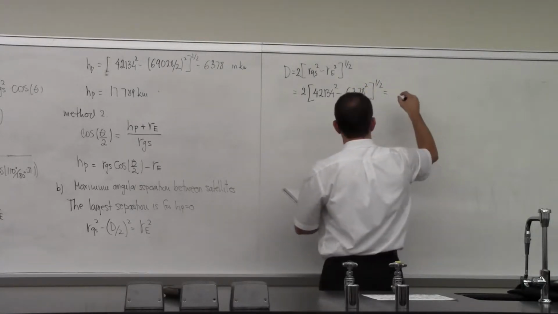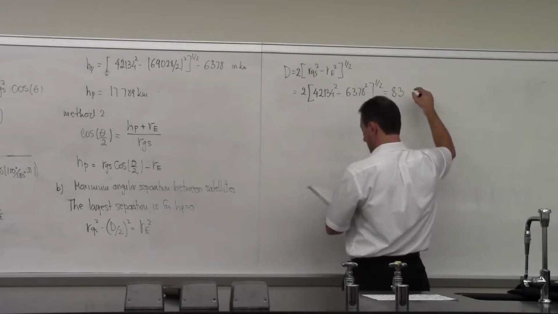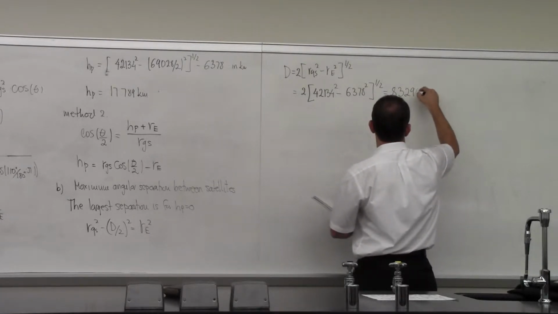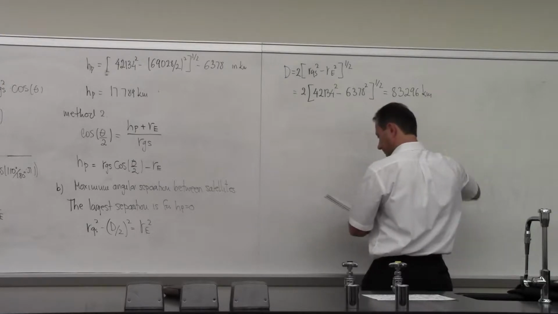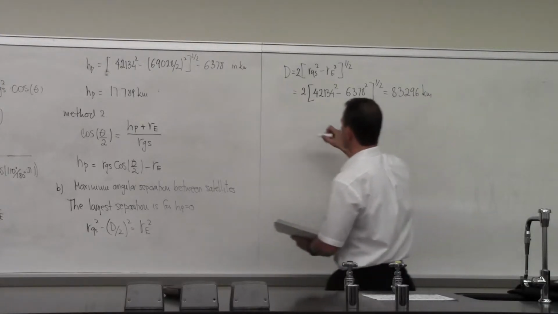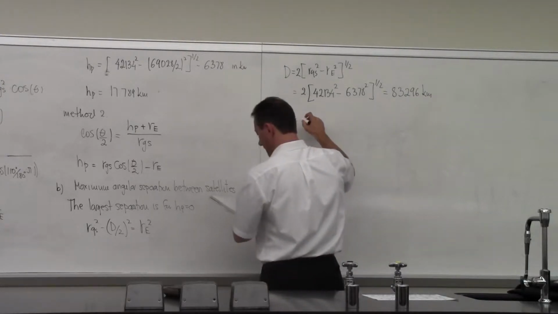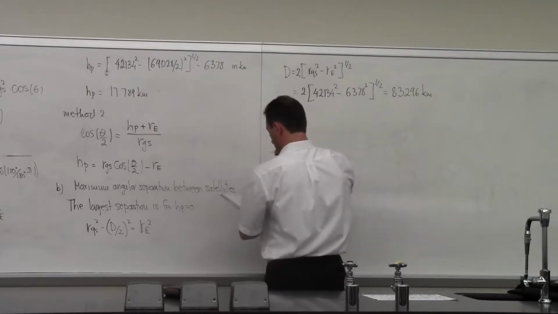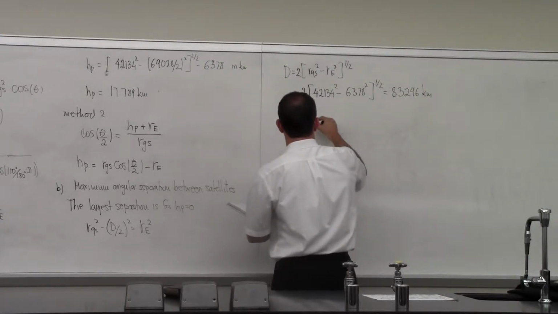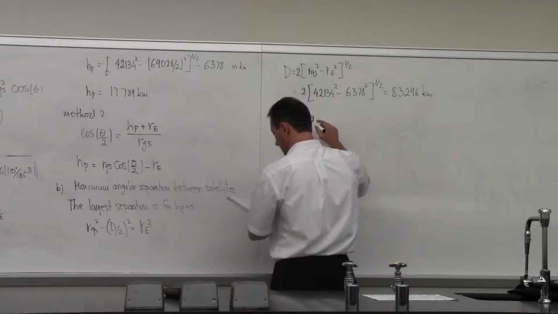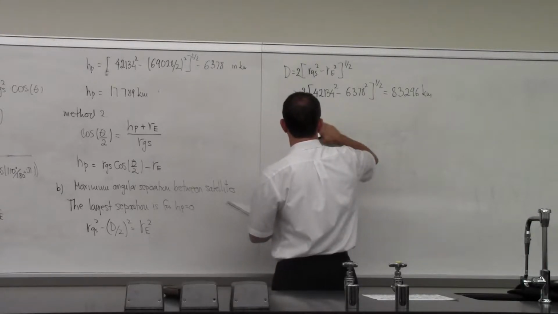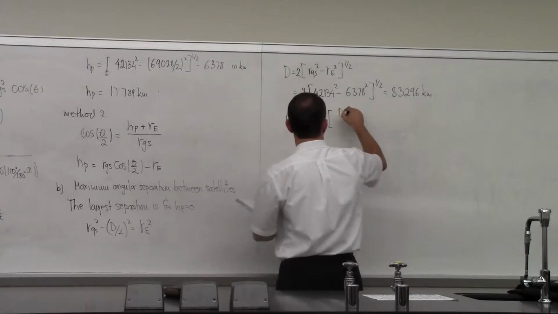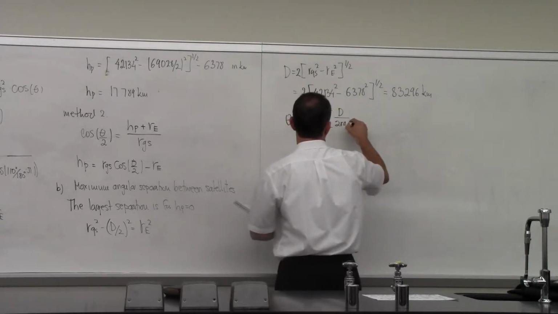This gives you 83,296 kilometers. And the angular separation, in that case theta, becomes 2 times arcsine, or sine inverse, of D over 2 RGS.